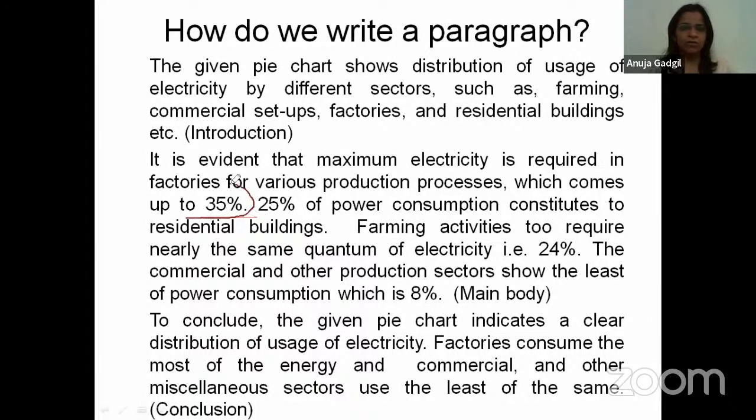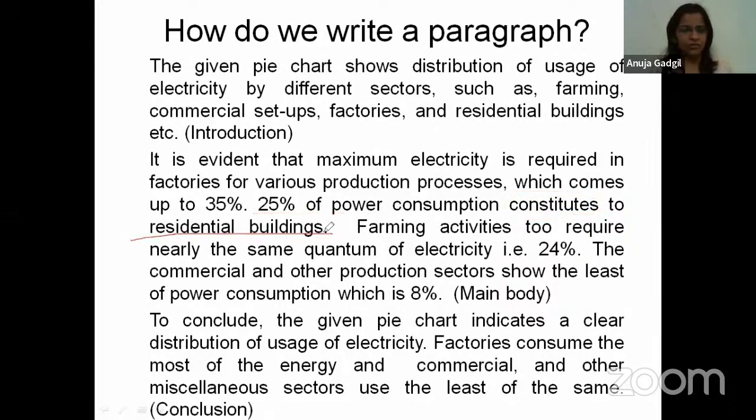So we have talked about maximum usage. And who uses maximum electricity? Factories. And after 35%, we have 25% of consumption. Who does that consumption? 25% of power consumption constitutes to residential buildings. Now we have used a different vocabulary, constitutes. Constitute means कुल मिलाकर. किसका बनता है ये contribution?